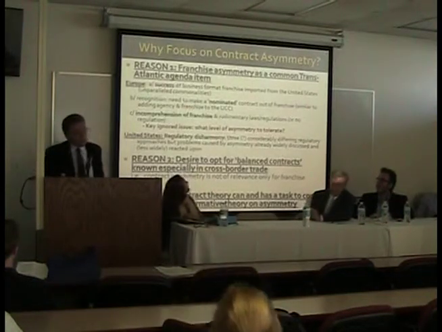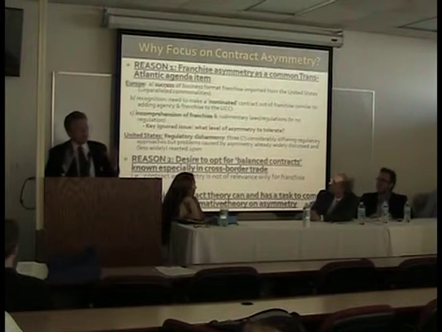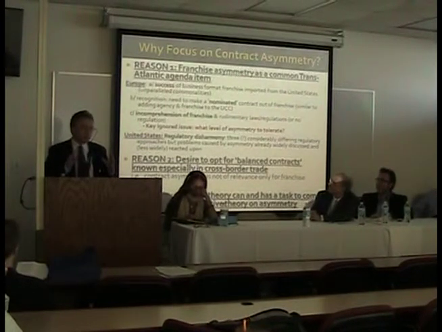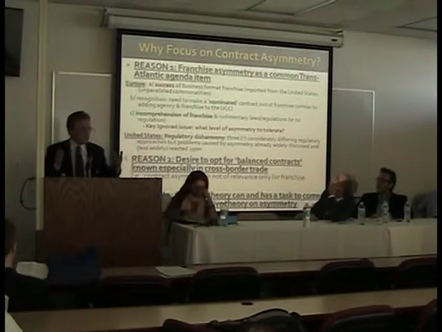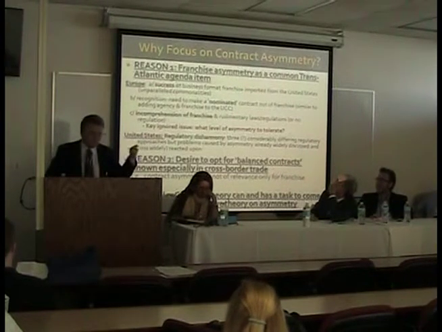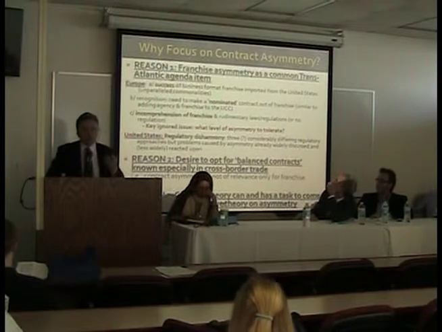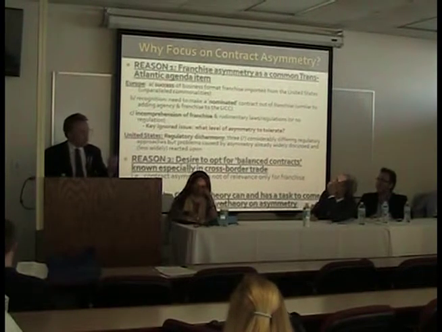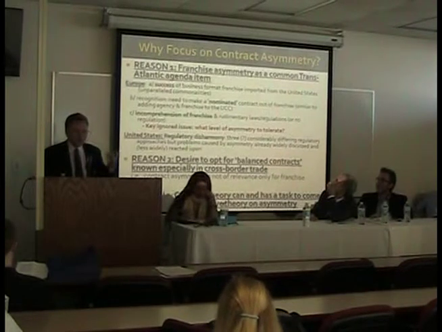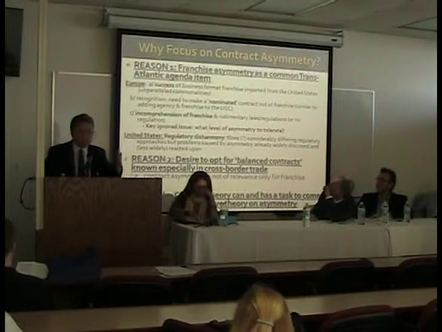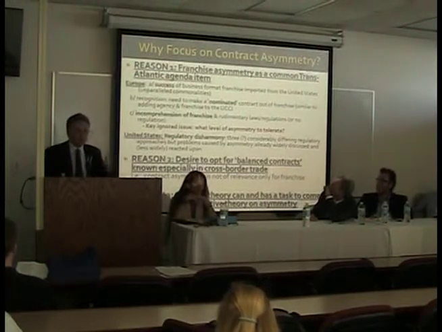Okay, now, the discussion about contract asymmetry primarily will be based on business format franchise. And essentially, I think this is a pretty good clue for the whole discussion, because the first reason why it makes sense to deal with this topic is that business format franchise is an extremely successful contract, which was invented in the United States during the 1960s and 70s, and from where it spread to Europe.